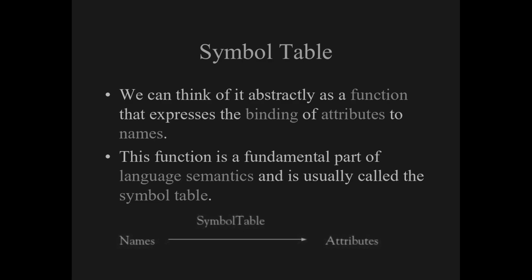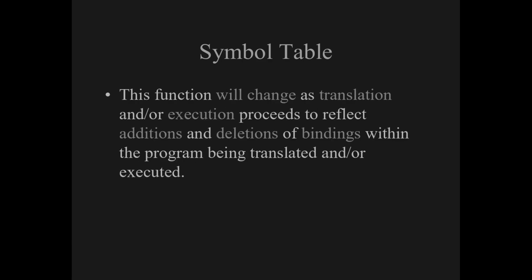And the symbol table just keeps track of this information. Now, the symbol table changes as the program gets translated or as the program gets executed. The reason is that it needs to keep track of changes in the values and possibly the data types in the program. So at the start of the program, the symbol table will look completely different from the end of the program.